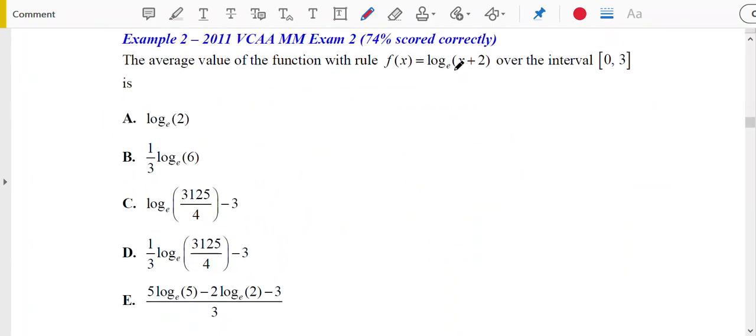Problem number 2 is another average value function, but a multiple choice question. So here we have access to CAS to complete this question as well. So here we're asked to find the average value of the function with rule f of x equals log e of x plus 2 over the interval 0 to 3.